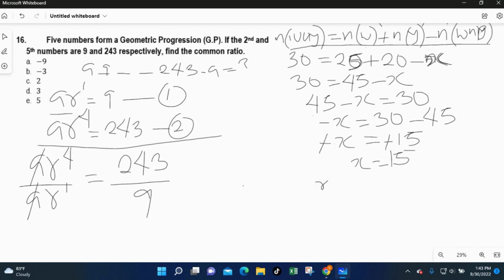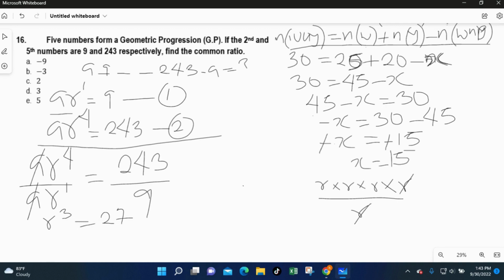R raised to power 4 is R times R times R times R, divided by R. R will cut R, so what will be left is R raised to power 3, and that will be equal to 243 divided by 9. If you do that using your calculator, you're going to have 27.